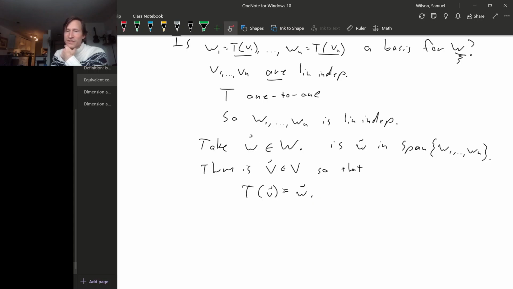T is an isomorphism, so it has to be onto, so there must be some vector v. But since V1 through Vn are a basis for capital V, we can write little v as a linear combination of our basis: a1 V1 through an Vn.